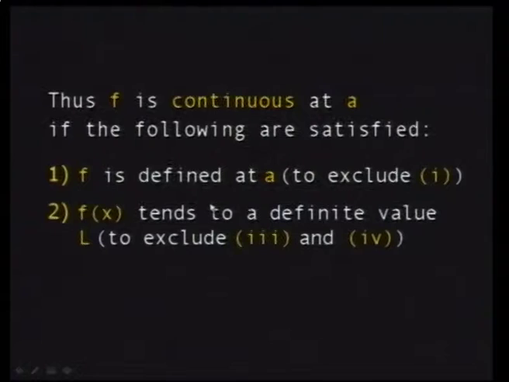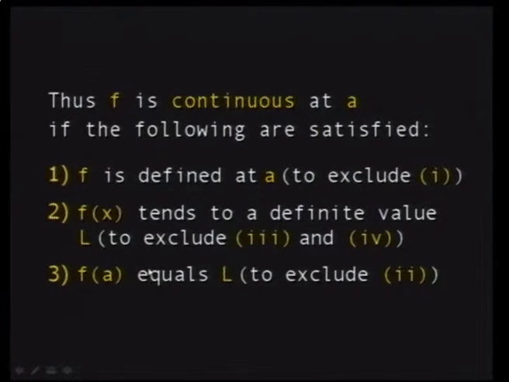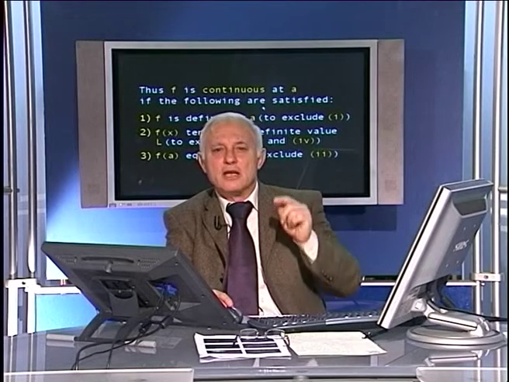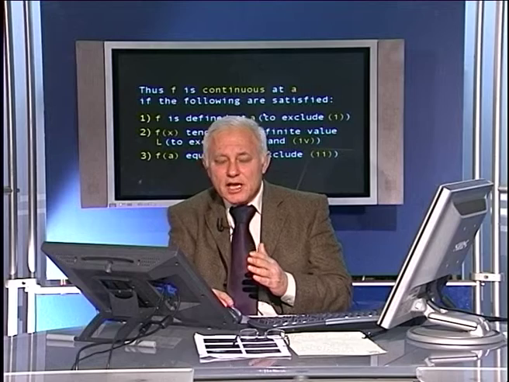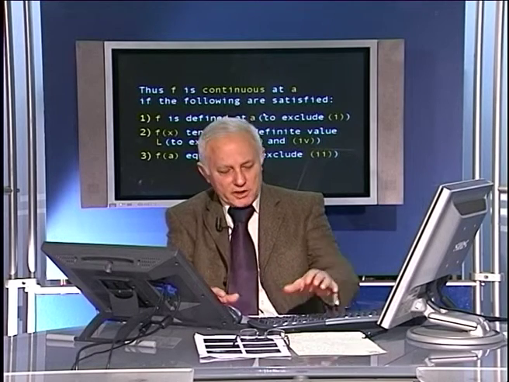But then you move forward, and if f of A equals L, which is the third point in checking the continuity of f, if the limit is equal to the value of the function, then you can exclude the second type of discontinuity. So if you do the 3 steps in the sequence we showed, then you can exclude the 4 types of discontinuities, and in which case the function becomes continuous.